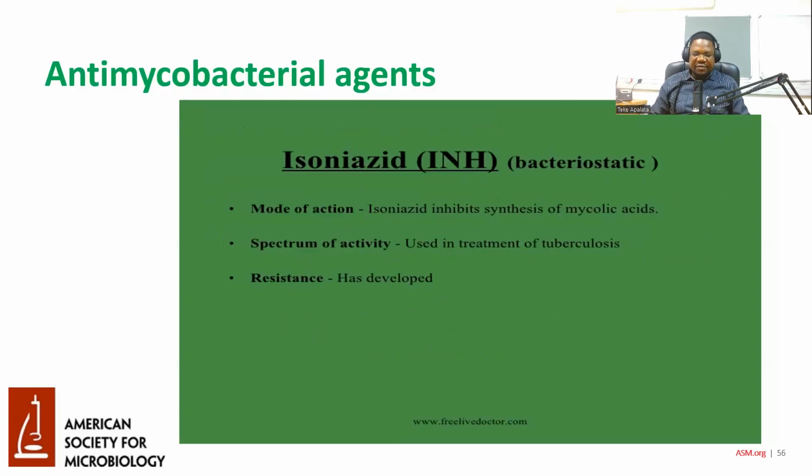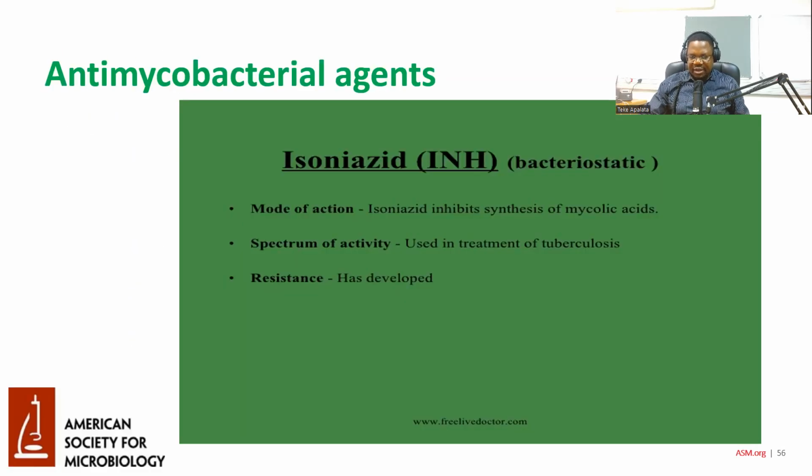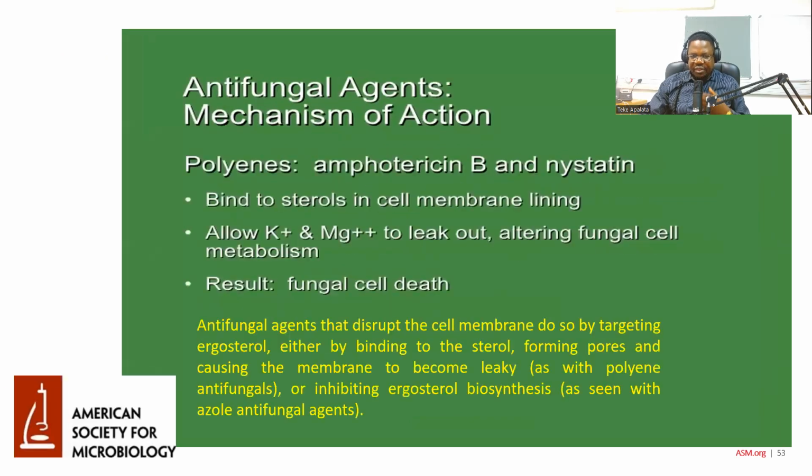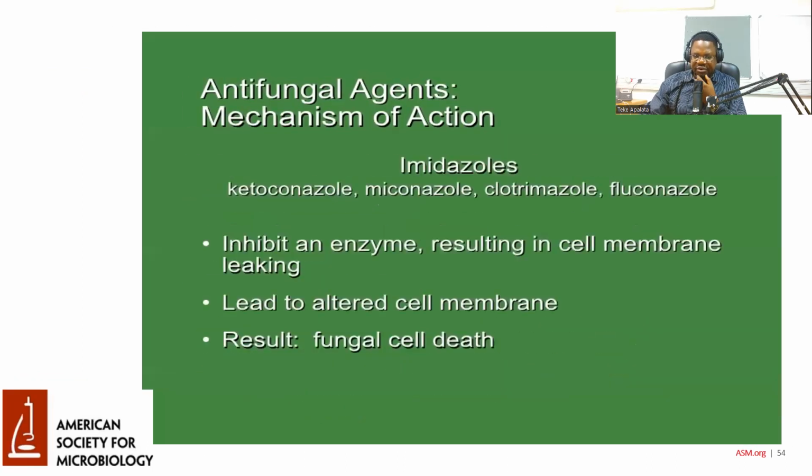Besides antifungals, we also have antimycobacterial agents like INH, isoniazid, which inhibits the synthesis of mycolic acid and also leads to cell death through leaking of the cell content. So those are what we discussed as inhibitors of cell membrane function.